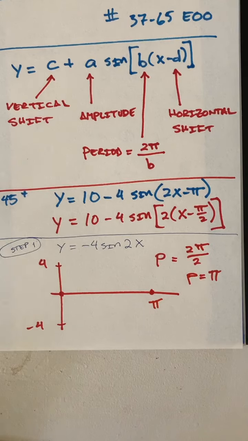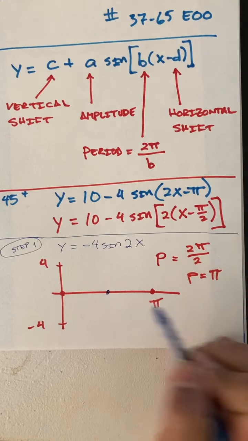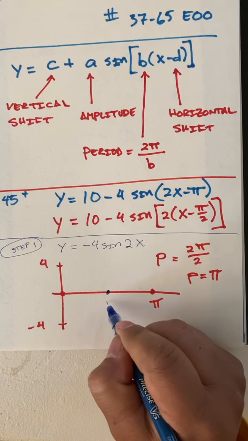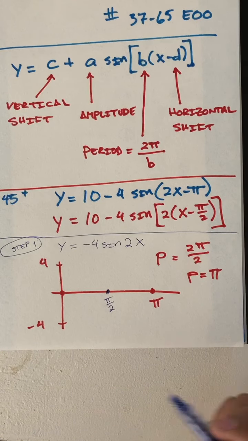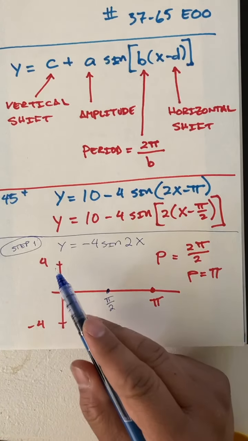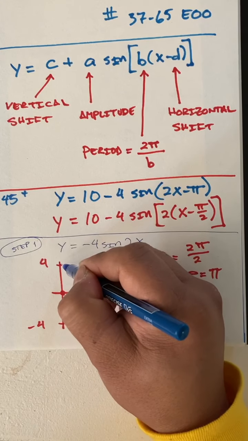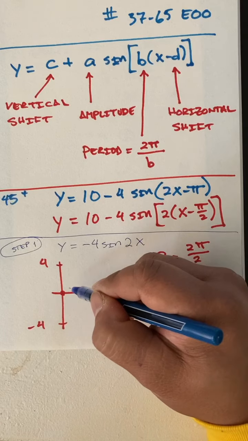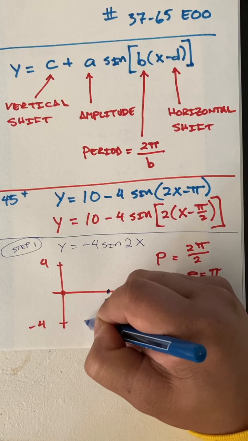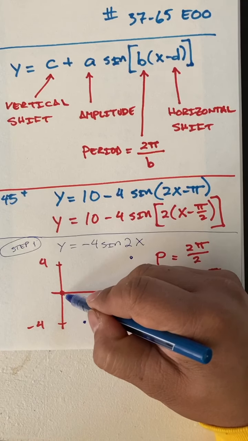All right, and the only thing left to do is sketch it all out. I know that in the middle, I'll get back to 0. That's pi over 2. All right, and I know that at the tops and the bottoms, I'll hit +4, -4. Sine normally goes upward, but it's going to go downward to here and there because of my -4.